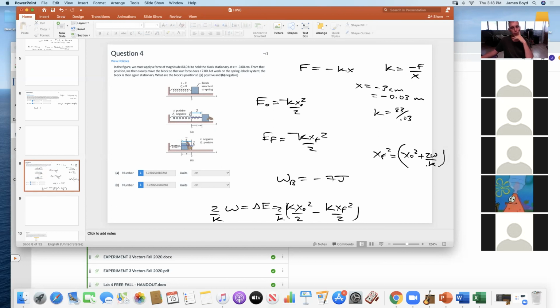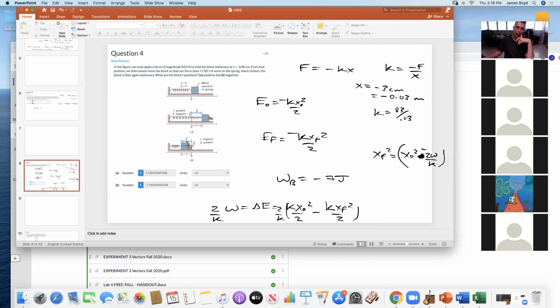That's what's important. Sorry, this should be minus. If you don't have this work as negative for whatever reason, it gives it to you as a positive, but it needs to be a negative in the formula.